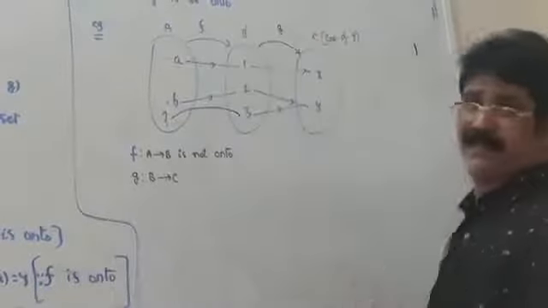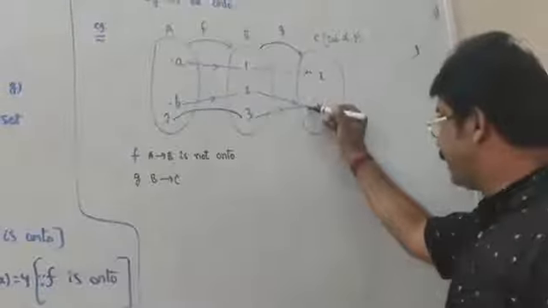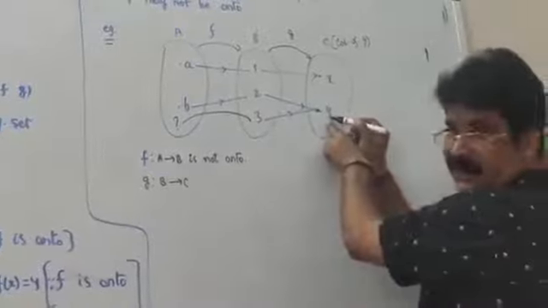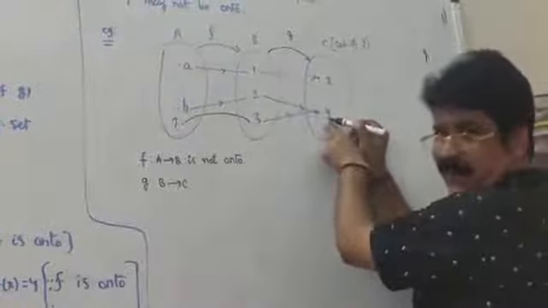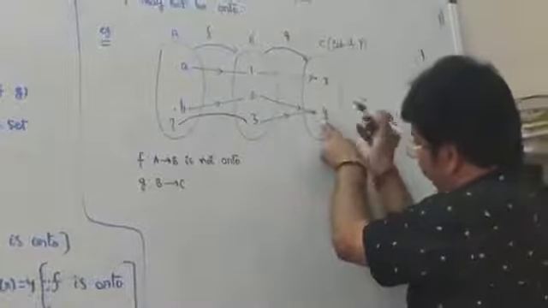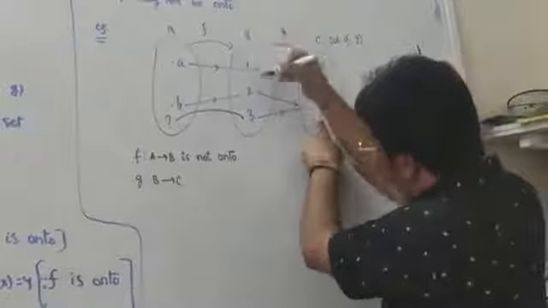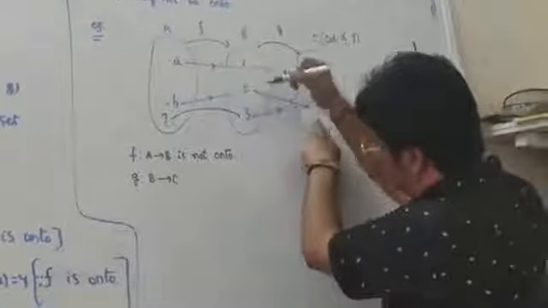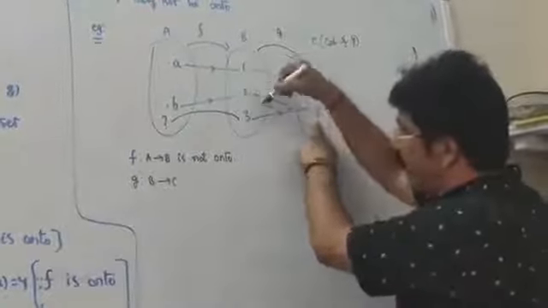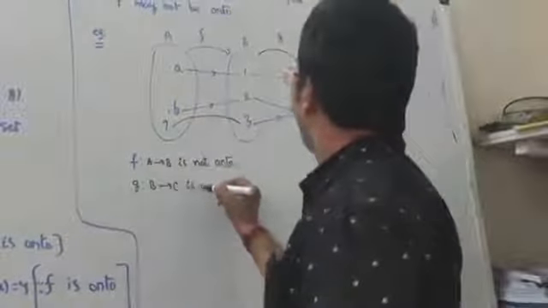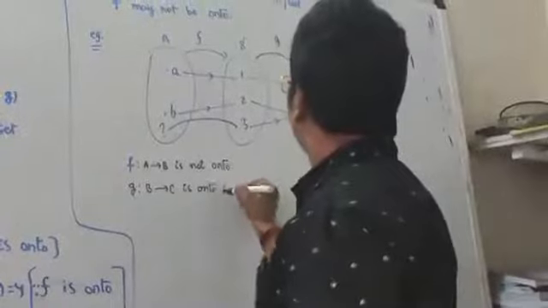Yes, there is. Next, the second element, y. This y will possess at least one pre-image in capital B. Yes, at least one. It has two pre-images in capital B. Thus, g is an onto function.